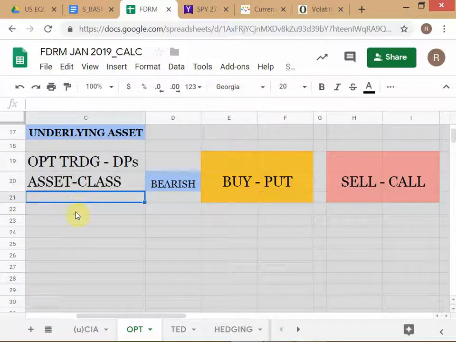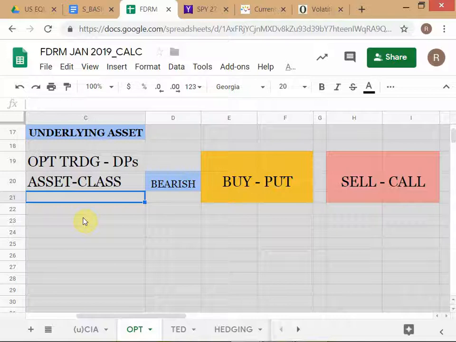The first decision problem is asset class. The second is, what is the next one? Suppose I've decided asset class, I've decided to go into equities. The next one is market.